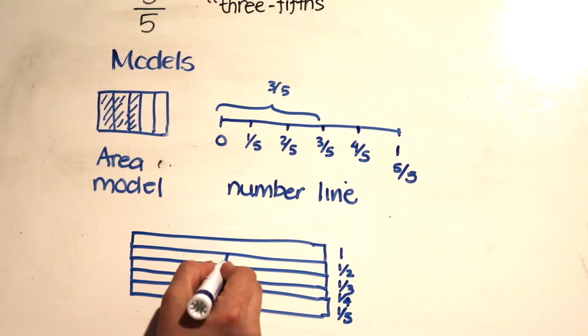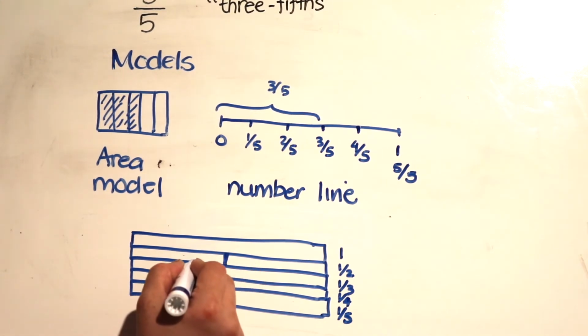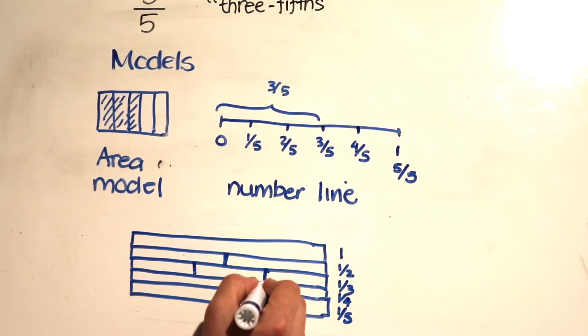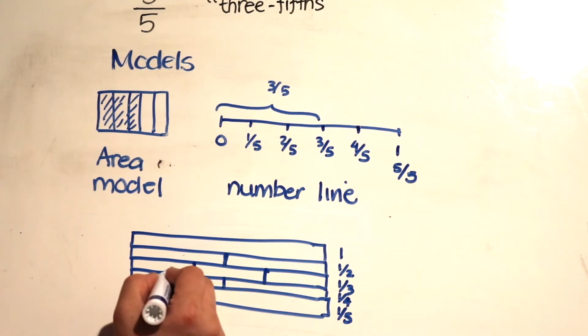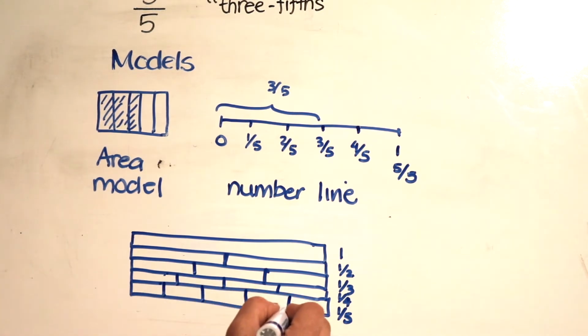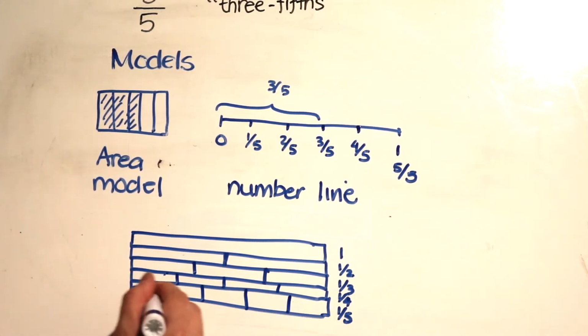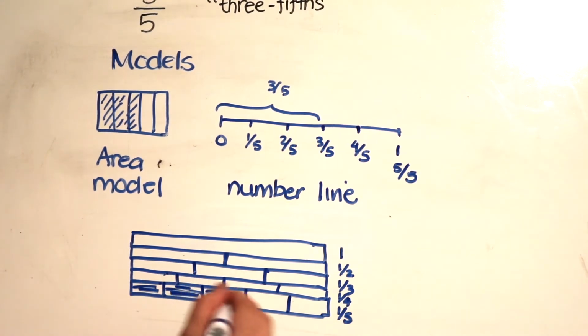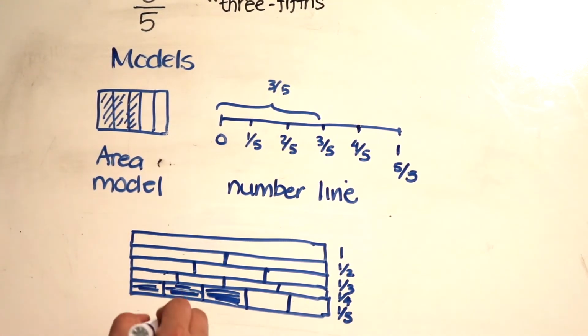So your half would be somewhere here, and then your third, and then your quarter, and then your fifth, and there's your 3/5. Okay, and this is our fraction strip.